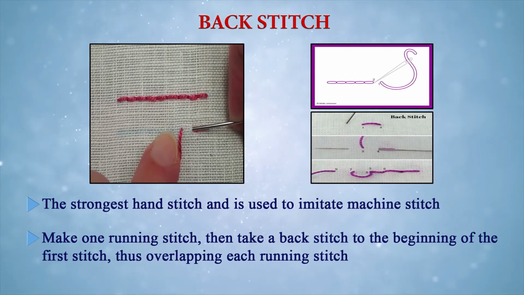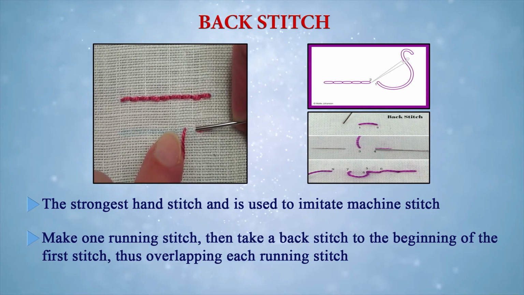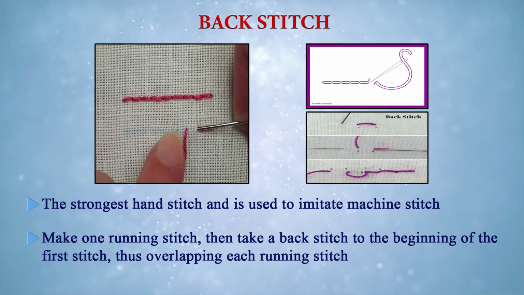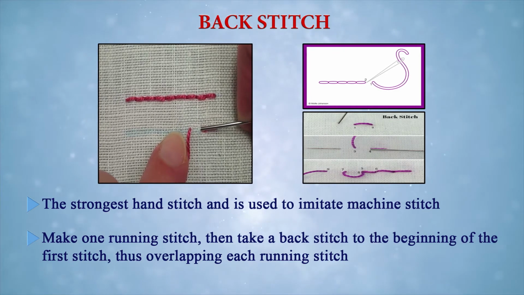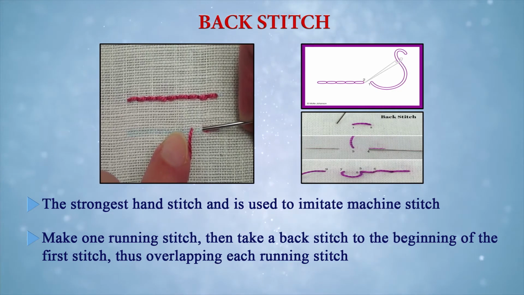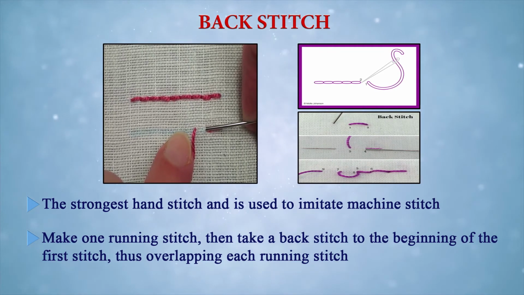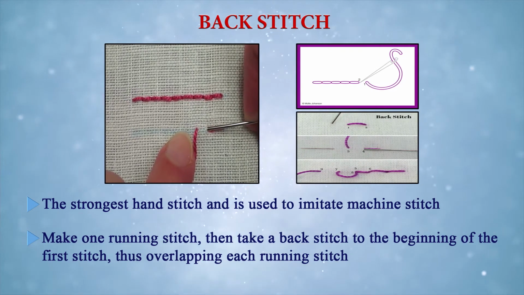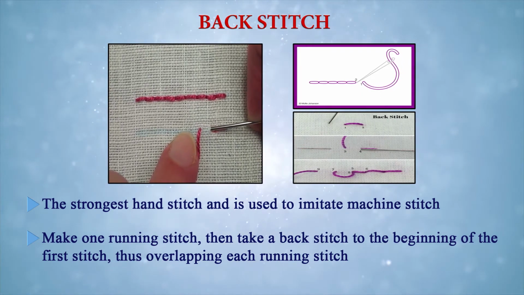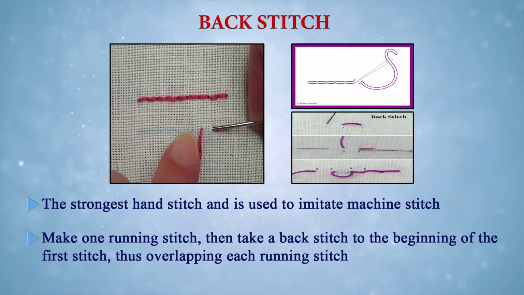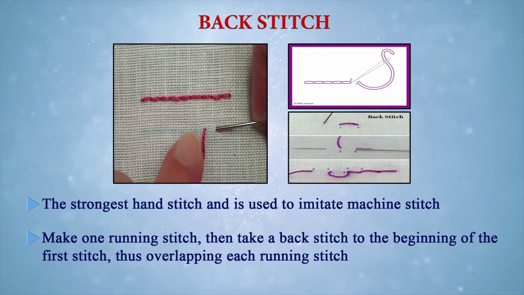Then take a back stitch to the beginning of the first stitch and overlap, continuing in the same pattern. In the picture you can see we insert the needle into the fabric, make one running stitch, and then overlap the first running stitch, creating a similar pattern in the same way.